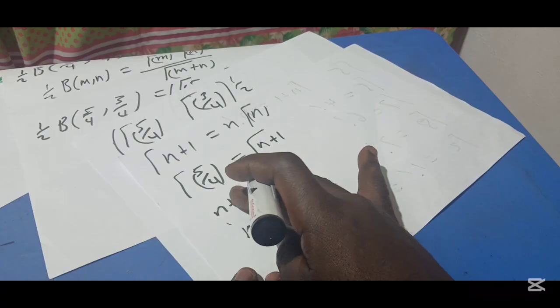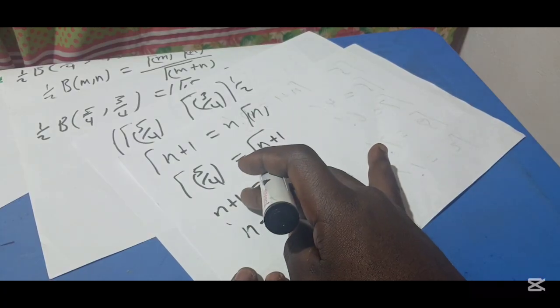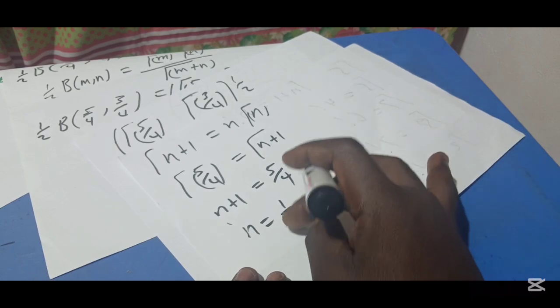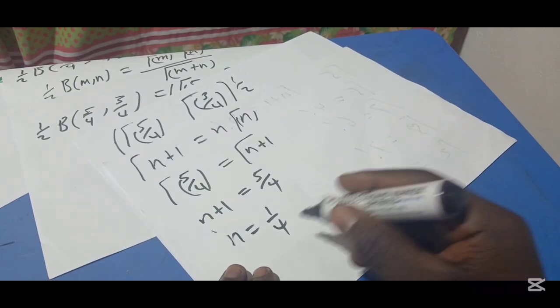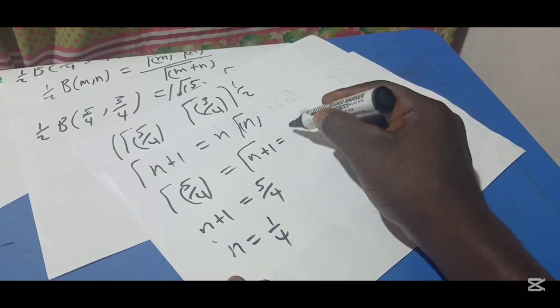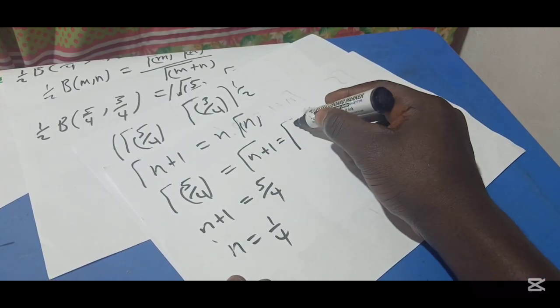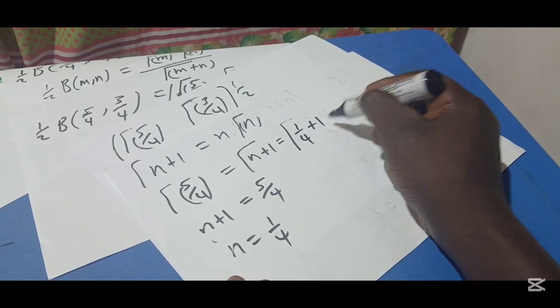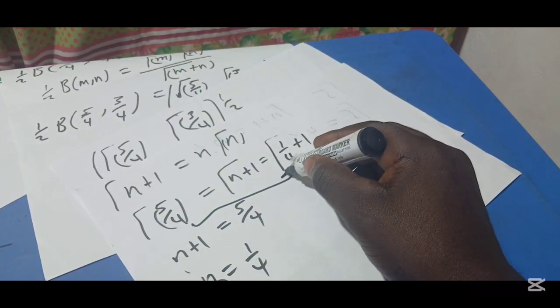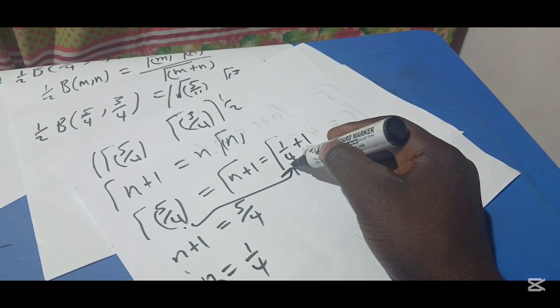Or better, you can just bring 1 here, subtract, type 5 on 4 minus 1. What you get, you'll be getting 1 on 4. So it means that gamma of 5 on 4 equal gamma of 1 on 4 plus 1.